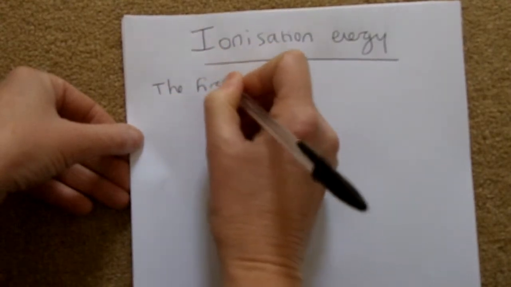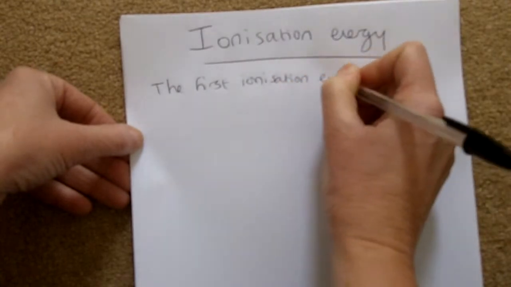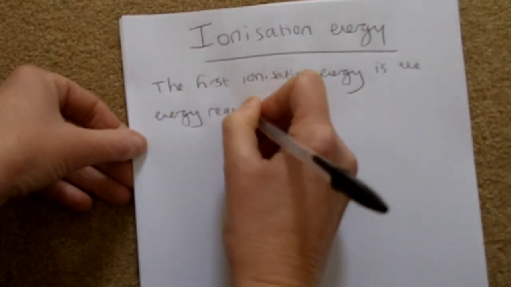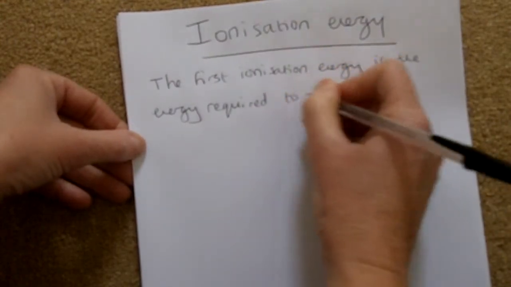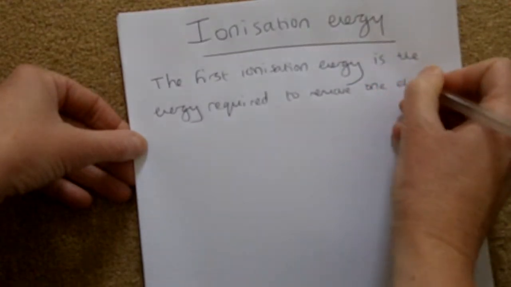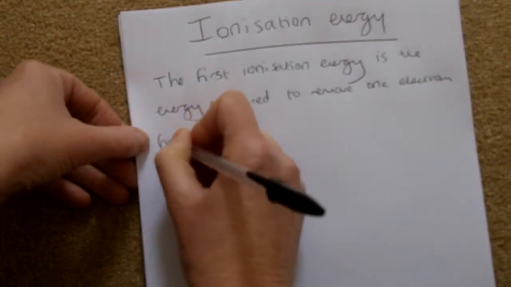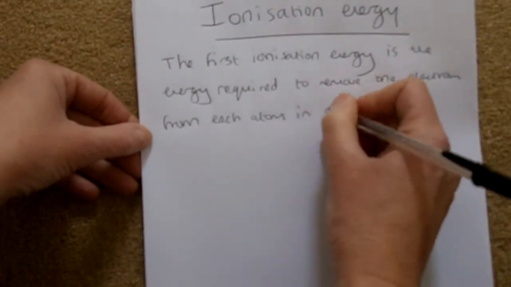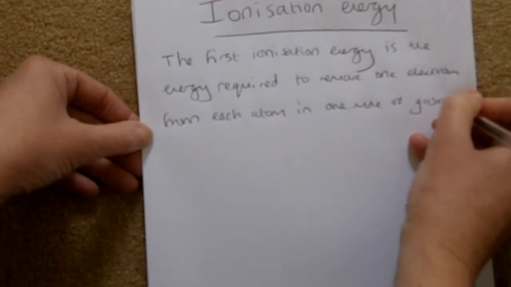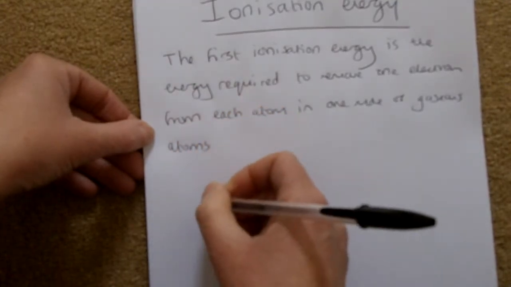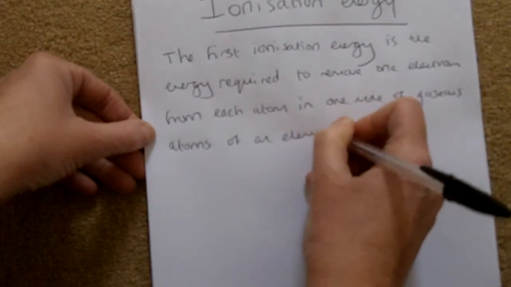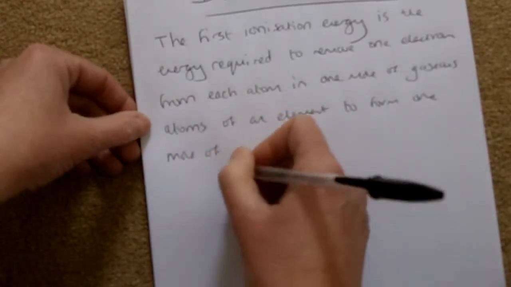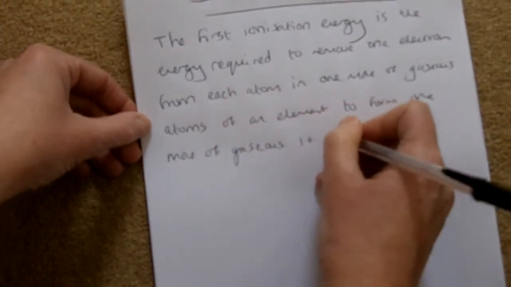The first ionization energy is the energy required, or needed, to remove one electron from each atom in 1 mole of gaseous atoms of an element to form 1 mole of gaseous 1+ ions.